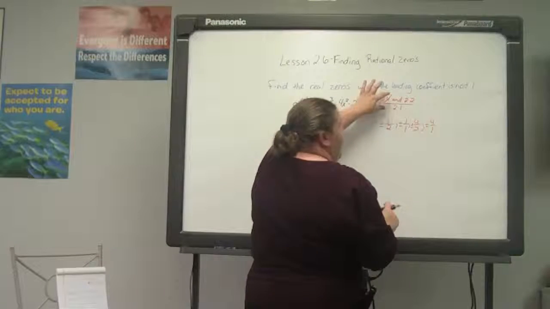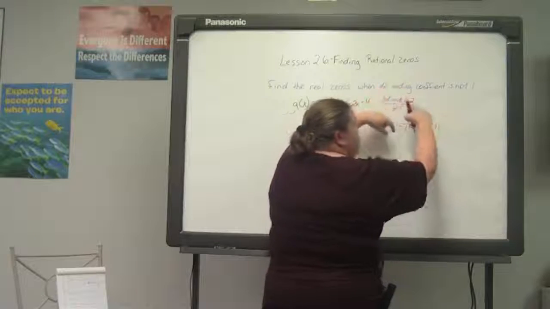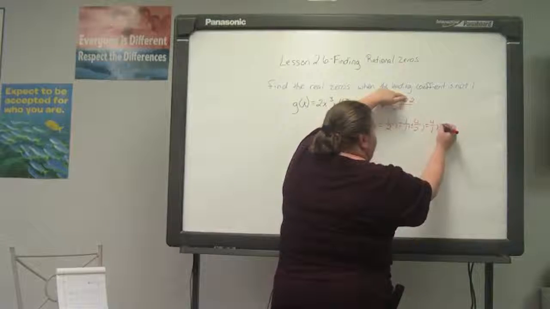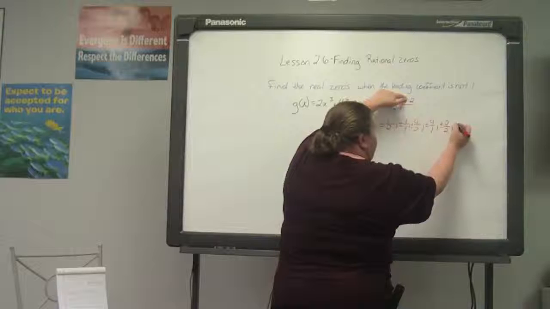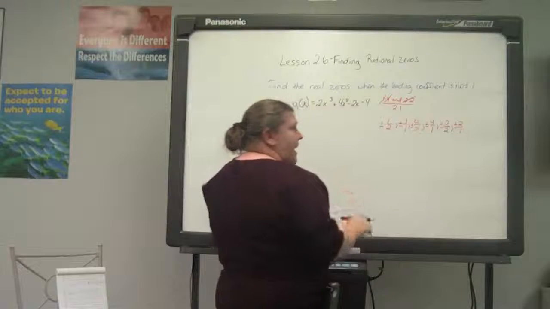Now I've done my 4. Again, since this is 2 times 2, you only have to list it once, but we have to say a positive or negative 2 over 2, and then finally a positive or negative 2 over 1. And that covers both of those since they're the exact same.